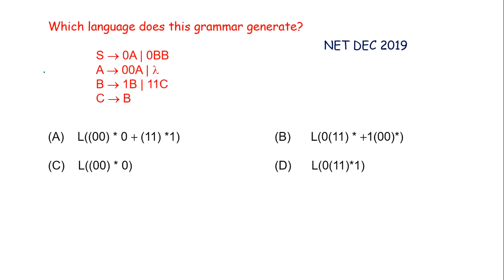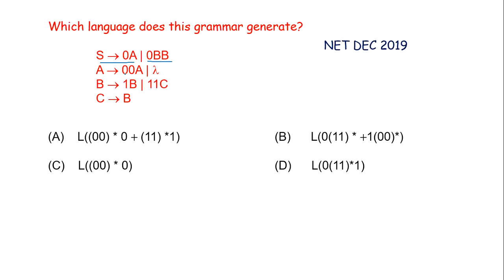Next, this one is a very interesting question. Which language does this grammar generate? We are given a grammar and we have to tell what the language of this grammar will be. Okay, so what we have: S gives 0A or S gives 0BB.